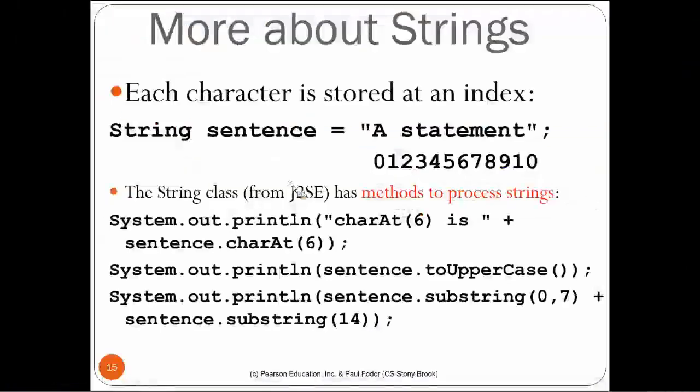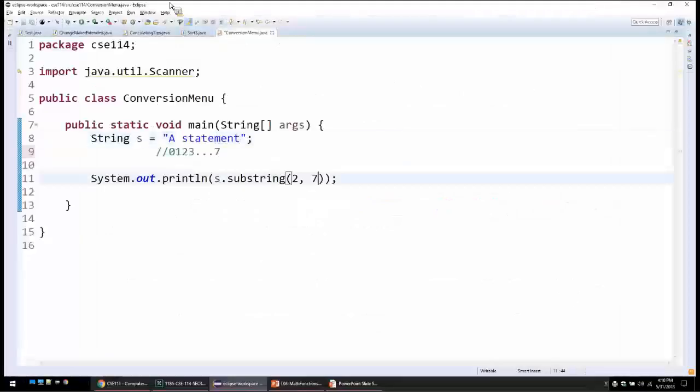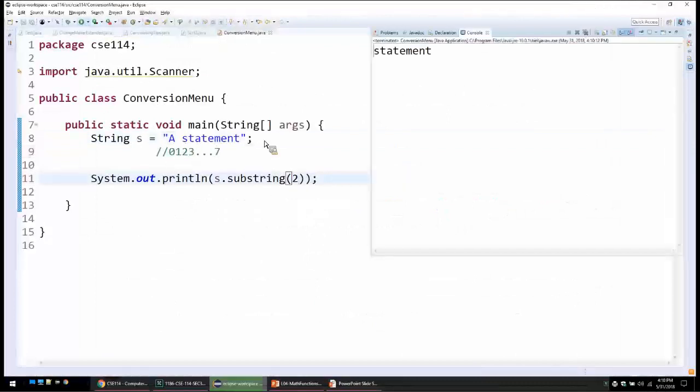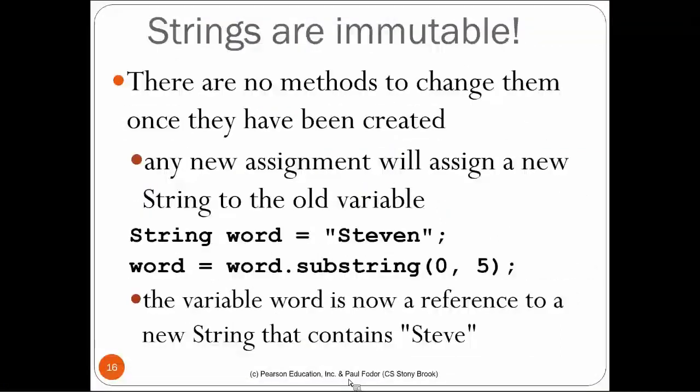If we only pass one parameter, it returns the rest of the string from that parameter. So for instance, if I'm asking give me from the index 2 up to the end of the string, it will return statement. Strings are immutable. There are no methods to change strings within the string class.